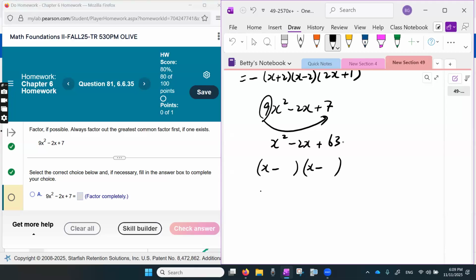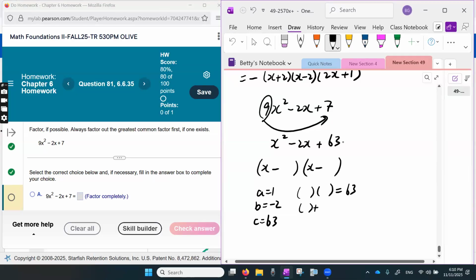So this trinomial has a equals 1, b equals -2, c equals 63. We need to find two integers that multiply to 63 and add up to -2. They must be both negative. But if we factor 63, we have 1 times 63, 3 times 21, 7 times 9.